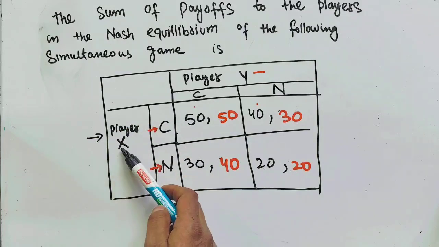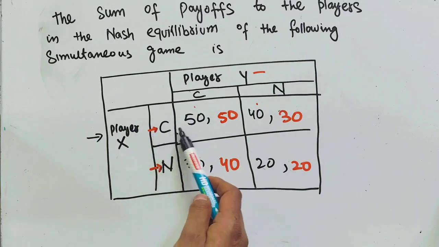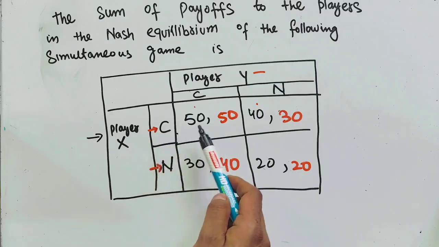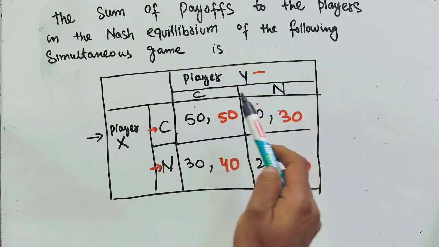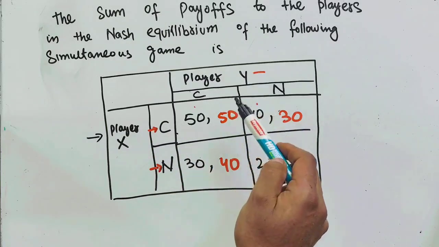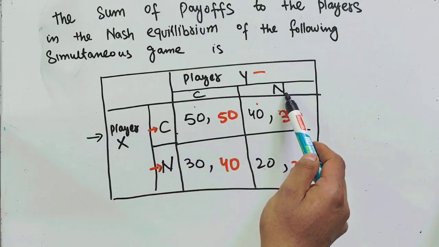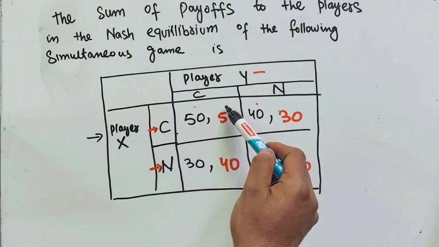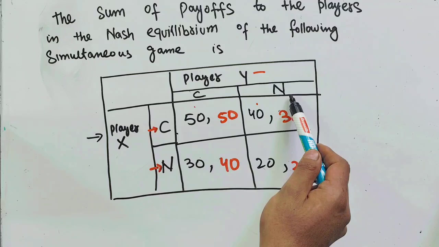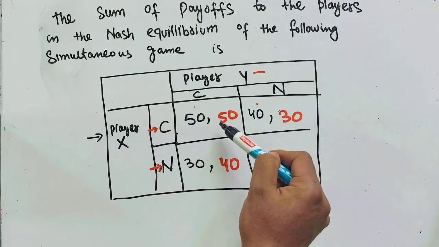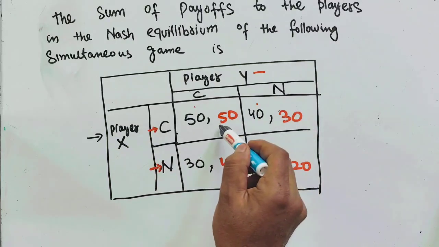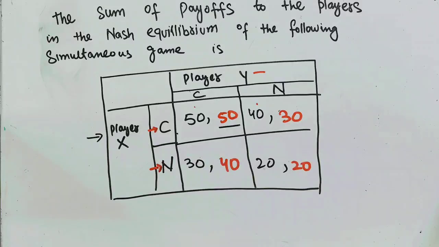So let us suppose player X cooperates. Okay, so when player X cooperates, player Y has two choices, either to cooperate or not to cooperate. Cooperate gives him 50 as payoff, not to cooperate gives him 30 as payoff. Obviously 50 is greater than 30, so let us underline this.